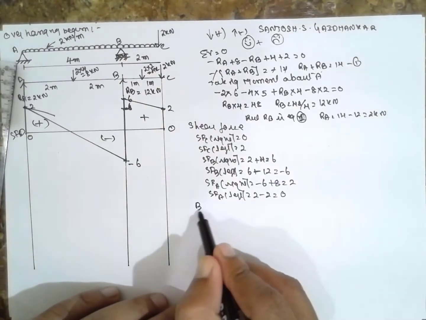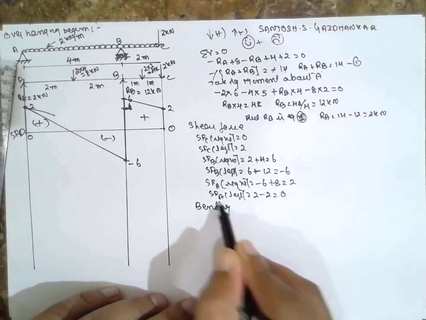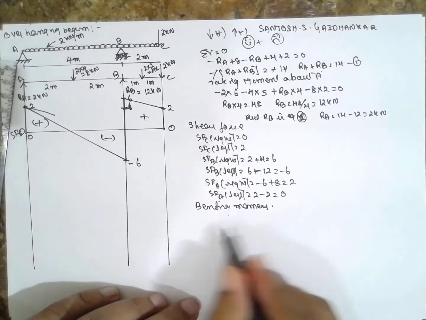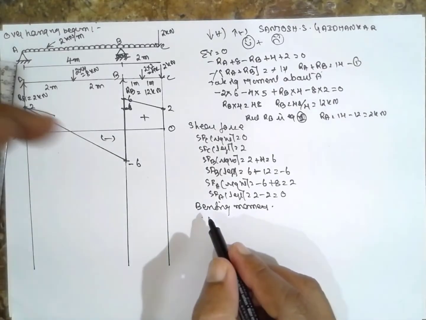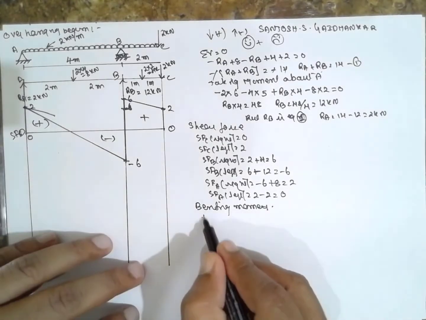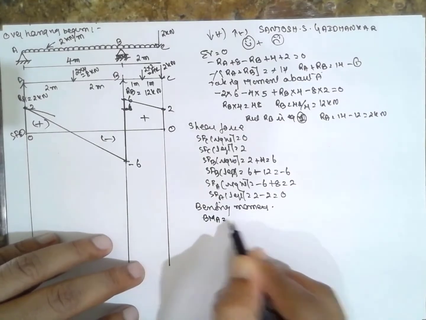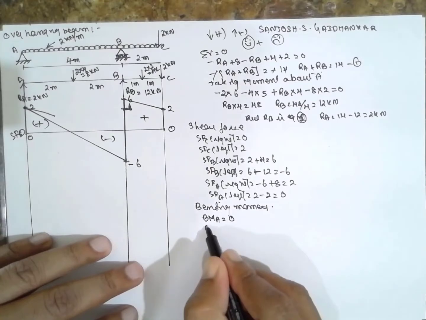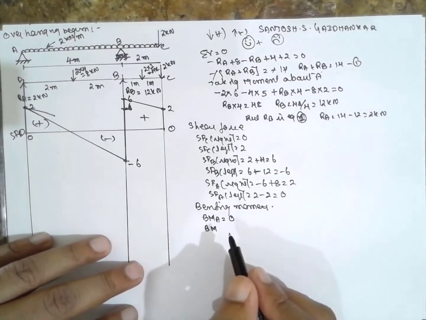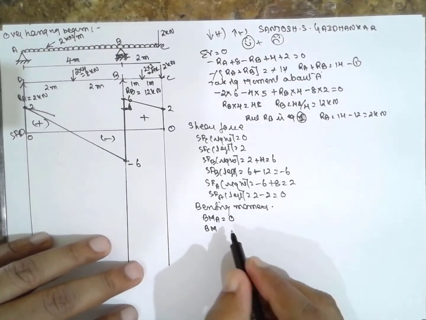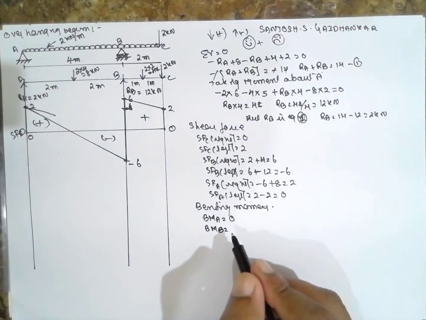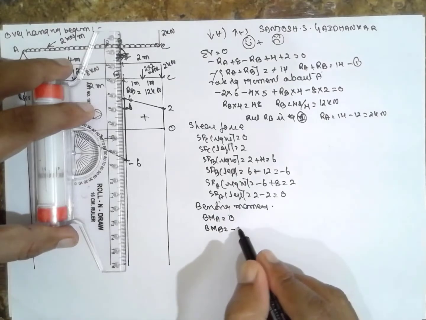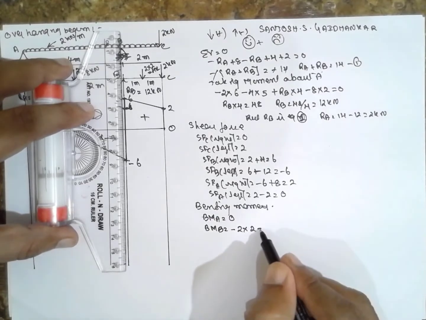Bending moment. Now I move from the right direction. Bending moment at A, 100%, if you measure it, it will be 0, no doubt. Bending moment at B, that is minus 2 into 2, minus 4 into 1.